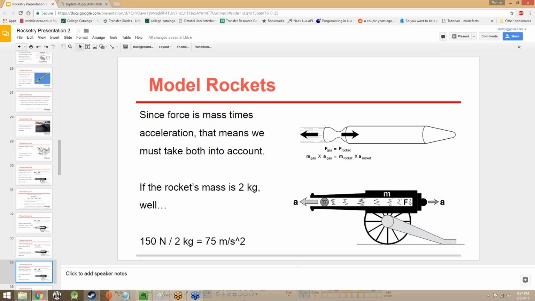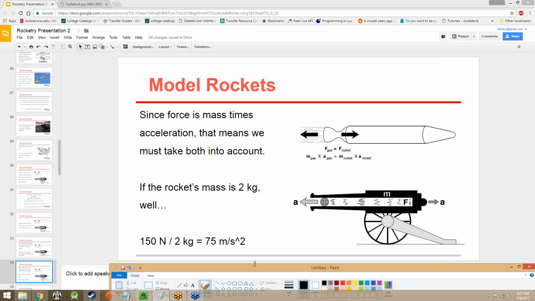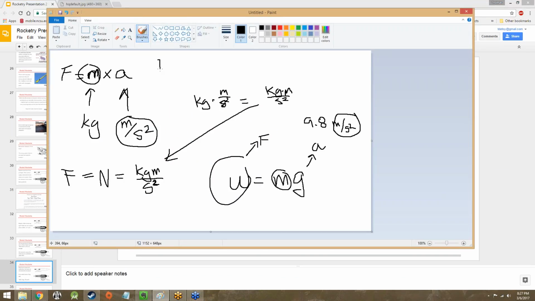So since force is mass times acceleration, that means we have to take both into account. So we might know, just from weighing a rocket or something like that, that the rocket's mass is 2 kilograms. Well, 150 newtons divided by 2 kilograms, because if force is equal to mass times acceleration, then acceleration is equal to force divided by mass, right?